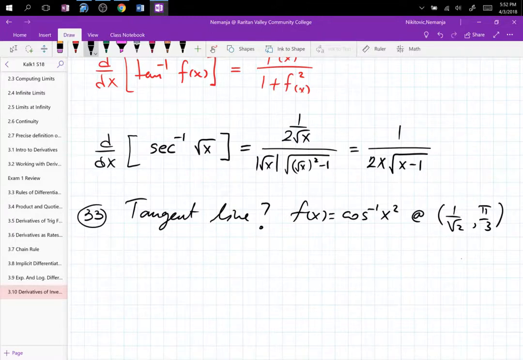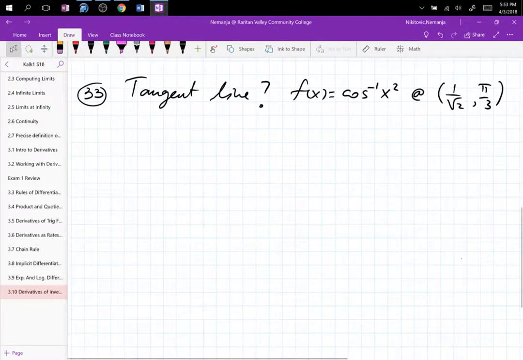Why, they couldn't give us root 2 over 2, the rationalized version? Nah. Whatever. So find the tangent line for the function inverse cosine of x squared at the point 1 over root 2, pi over 3. Go.